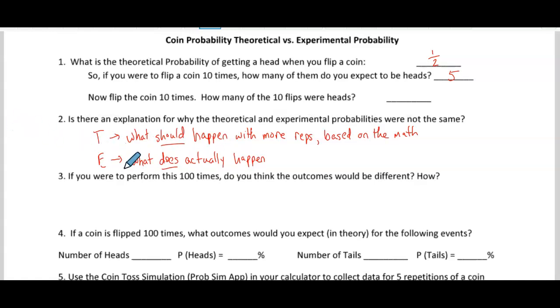Well, we could flip a coin 100 times, but what the math says is that as the sample size increases, and sample size means the amount of times that you do the thing, the experimental result moves closer to the theoretical result.